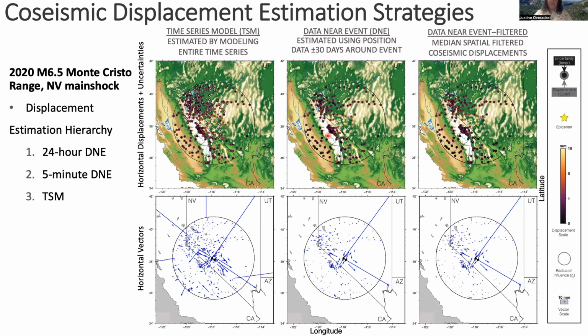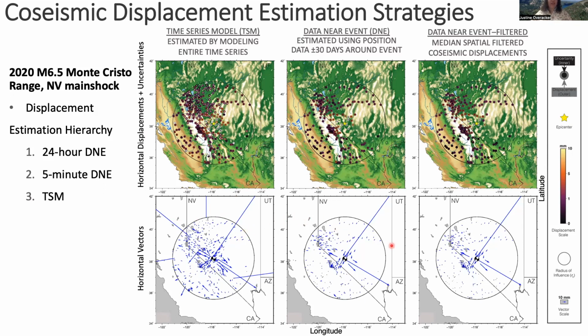So this data close in time to the event, using just that small window, results in less bias associated with unmodeled signals from seasonal, post-seismic, undocumented equipment changes, other earthquakes, hydrological deformation, for example. And you can kind of see the difference between these vector plots shown on the bottom.